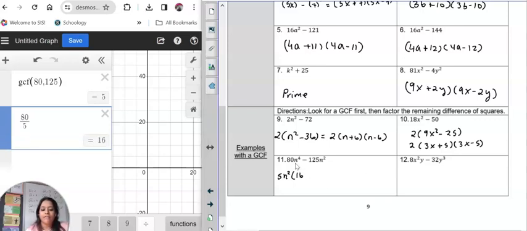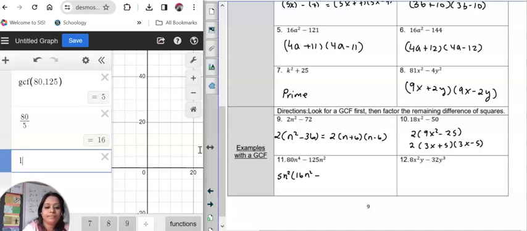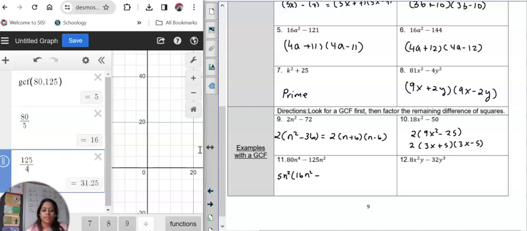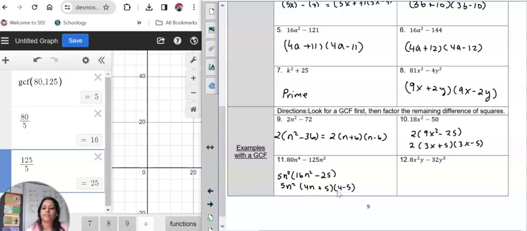And then n to the fourth, take away n squared, so that would be n squared left, because n squared times n squared is n to the fourth. Minus 125 divided by 5 is 25. And then the n squared comes out. There we go. Let's finish this problem by using the difference of squares. So this is 4n plus 5, and then 4n minus 5.